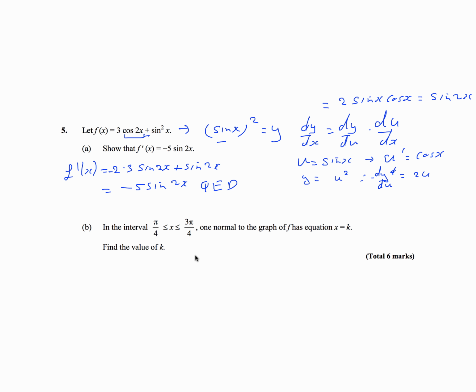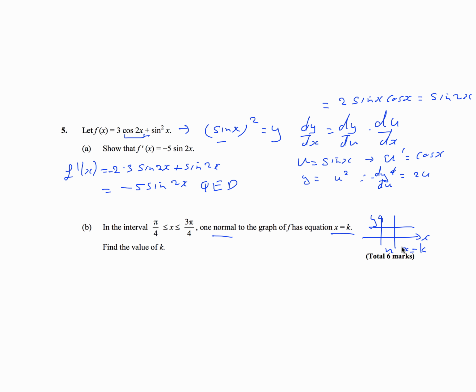In the interval of pi by 4 to 3 pi by 4, one normal to the graph has an equation x equals k. All right, so let's have a look. x equals k means that if this is the xy coordinate, then it is a vertical line, and if this is the normal, that means that the gradient must be horizontal.